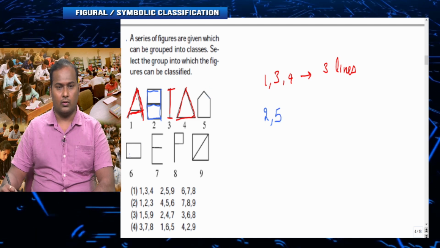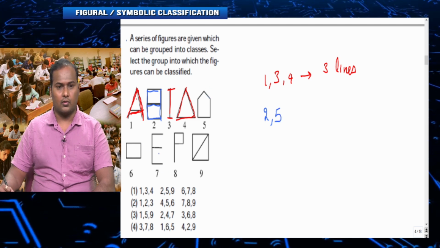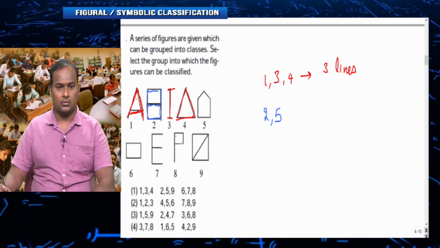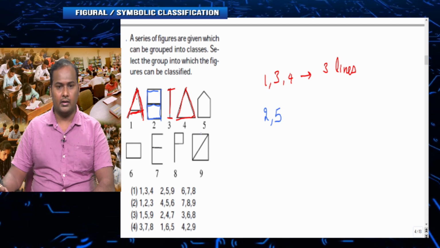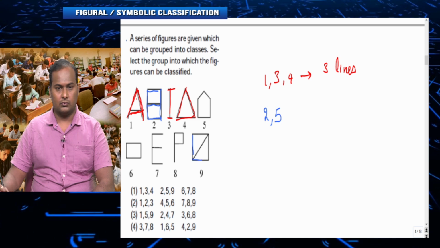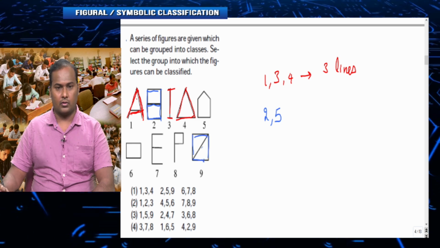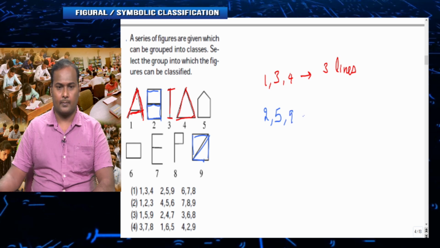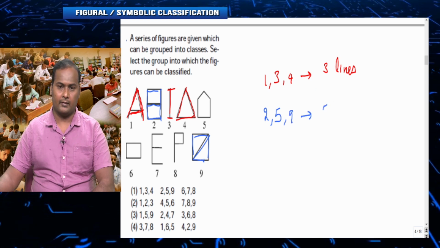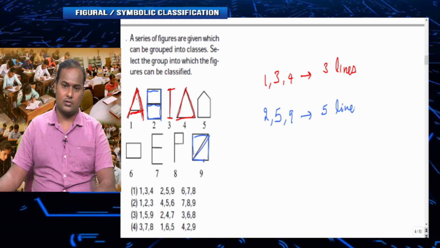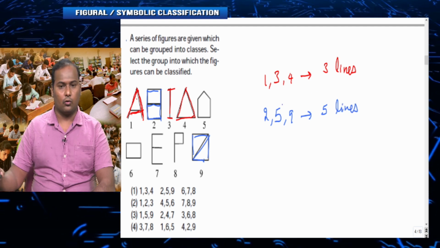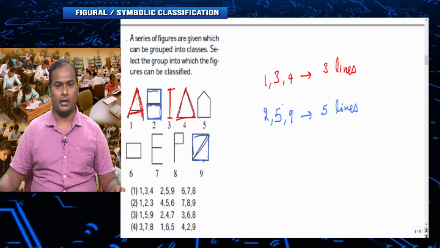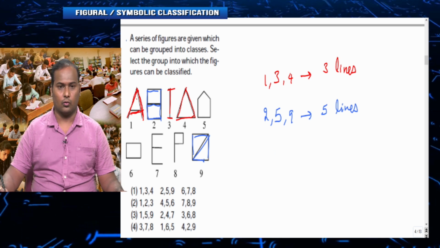Figures 6, 7 and 8 have only 4 lines. Figure 9 again has 5 lines: 1, 2, 3, 4 and 5. So 2, 5, 9 have 5 lines, and based on the character of 5 lines, we grouped 2, 5, 9 into one group.